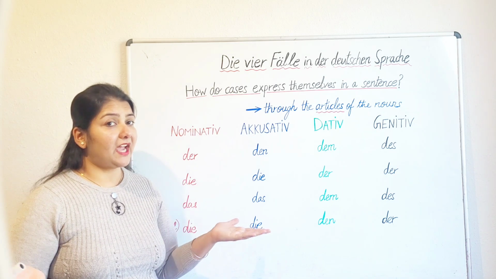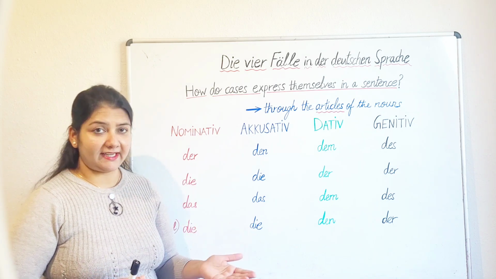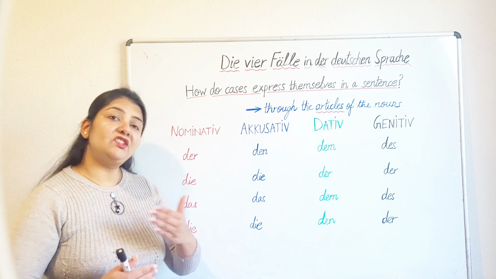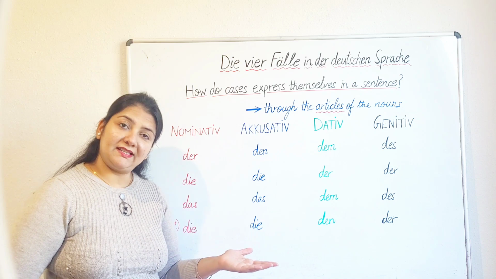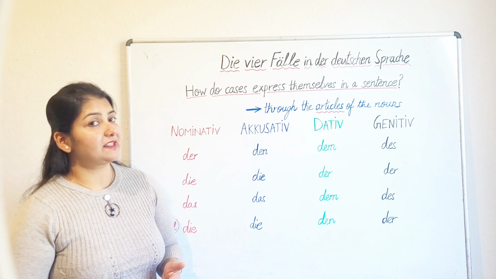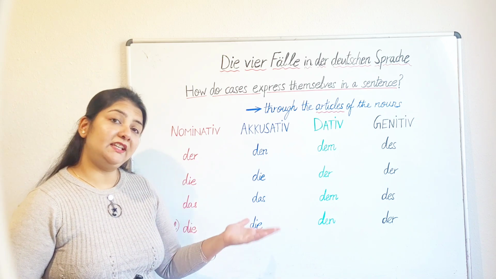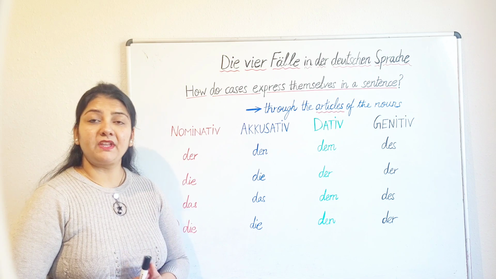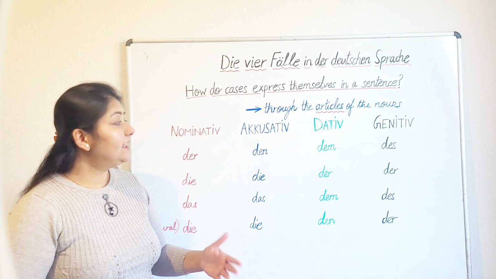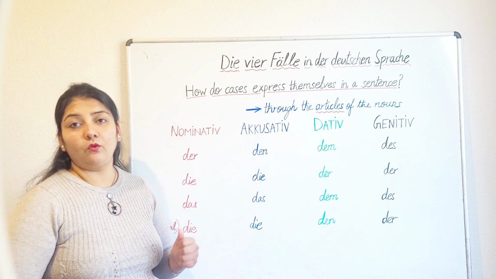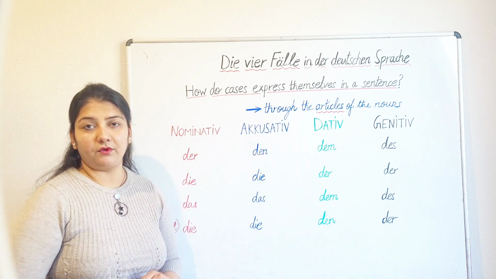But now, what happens when we form a sentence? The noun changes its cases, right? Sometimes it's coming in its accusative case, sometimes it's coming in dative or in genitive case, right? But what happens then actually? Then the article of the noun changes its form, right?